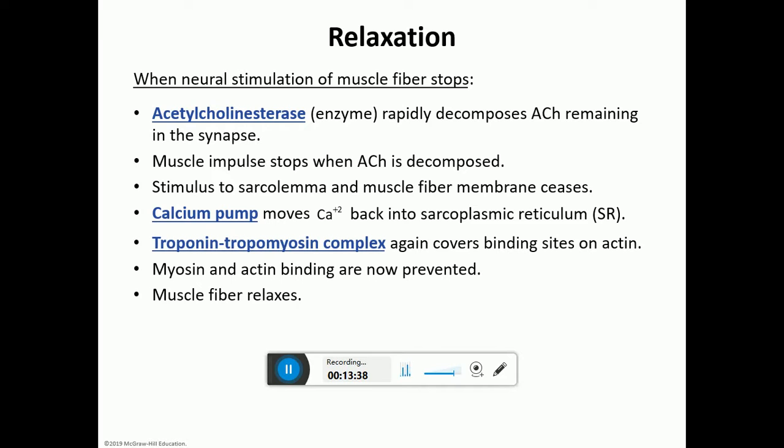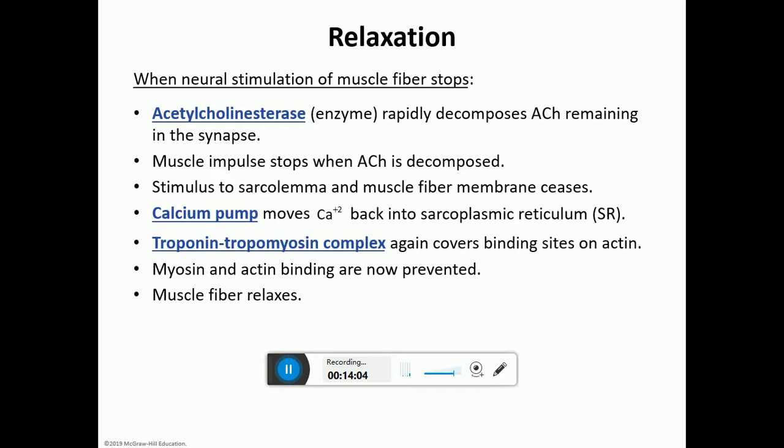And when those two happen, a combination between breaking down the acetylcholine and getting rid of the calcium, that will lead to dissociation between the myosin head and the actin, because all of the troponin and tropomyosin went back into its position, and it's now covering and hiding the binding sites on actin. So that's how your muscle fiber relaxes.